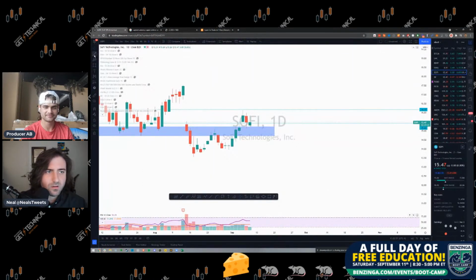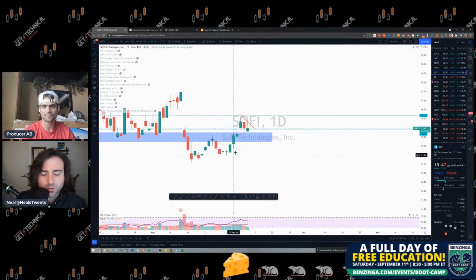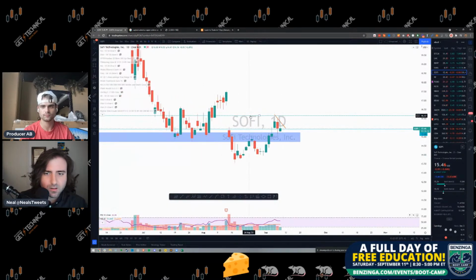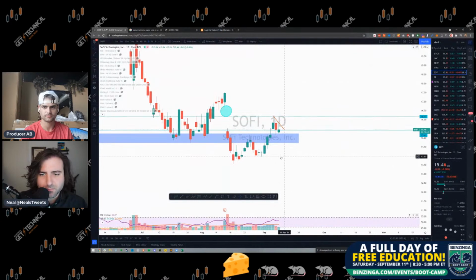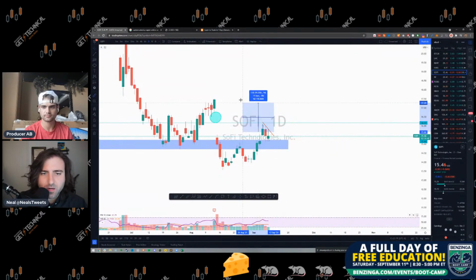Nonetheless, we've got this little corrective phase here in our short-term trend to break out of. And then there's still a gap to close. The gap remains to be filled. So if we were to guesstimate a breakout, that could be like 12% gains. If I were to guesstimate a breakout, around 15.5.